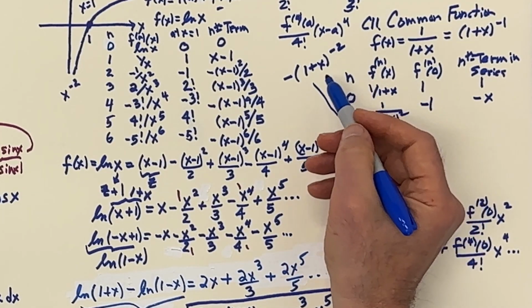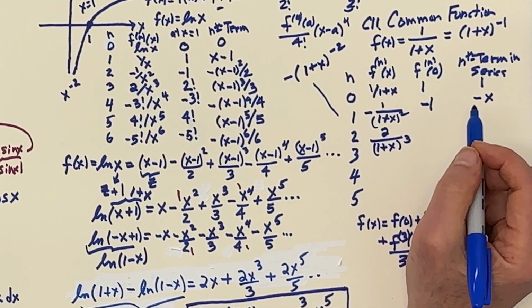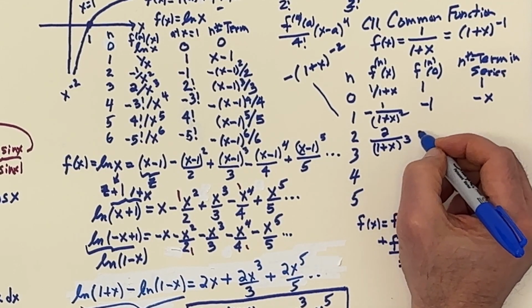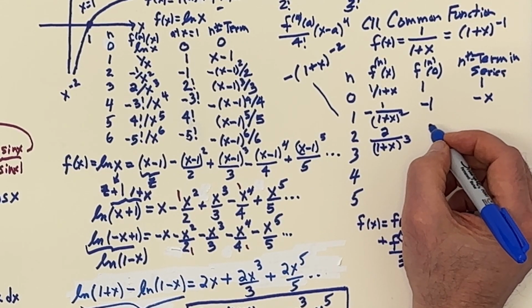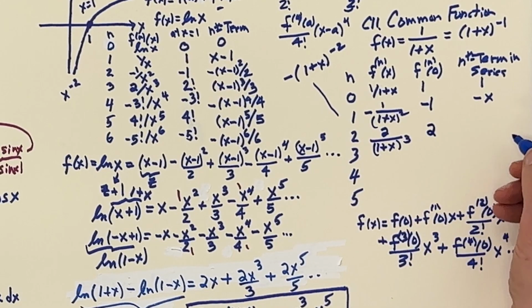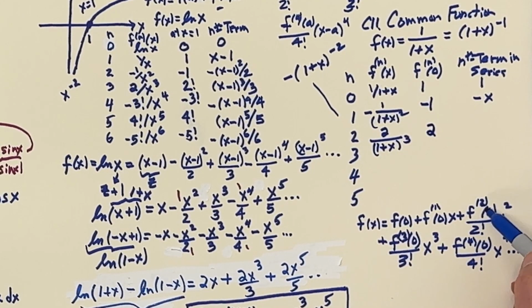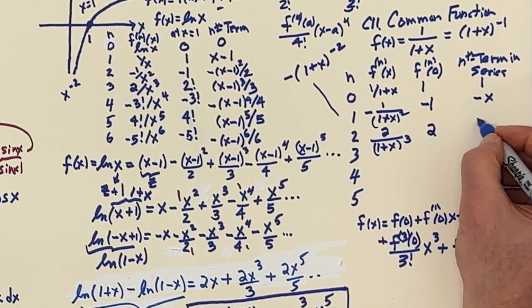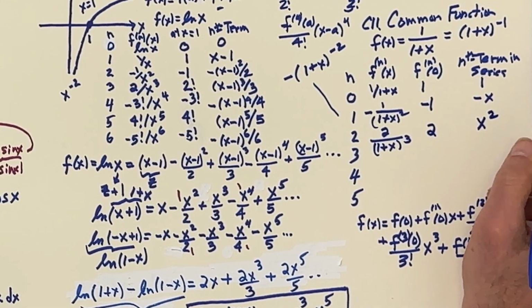And since the derivative of what's inside is going to be 1, using the chain rule, we get this. Put in 0, we're going to have here a 2. So in the series here, you would take that column and divide by 2 factorial and hit it with x squared. So if we do that, we get x squared.